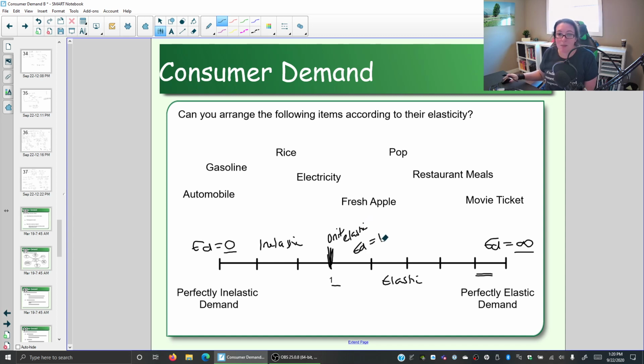But it's also possible to have an item that has a number of properties that make it more elastic, so then it's going to be much further to the right on this continuum. Or it could have lots of properties that make it inelastic, in which case it's much further to the left and has a much lower elasticity coefficient. So we want to look at what these characteristics or properties are that can make an item more elastic or inelastic.